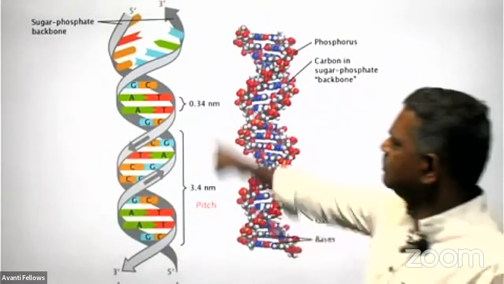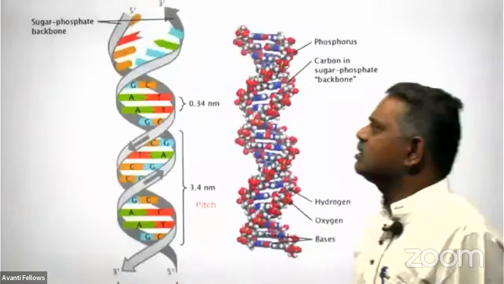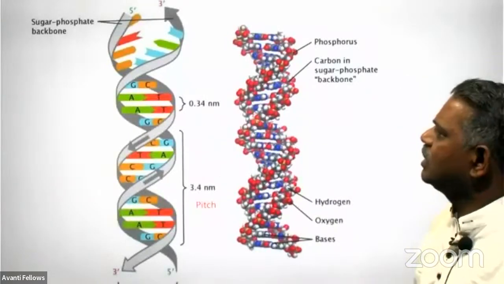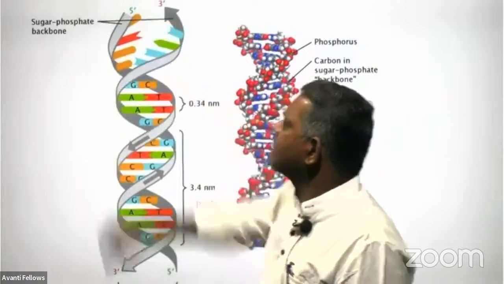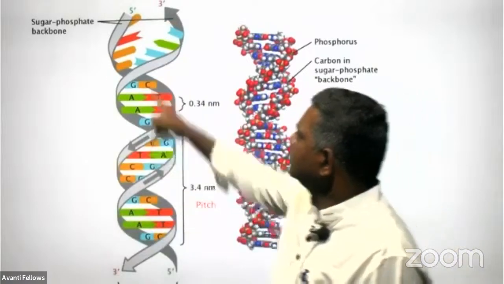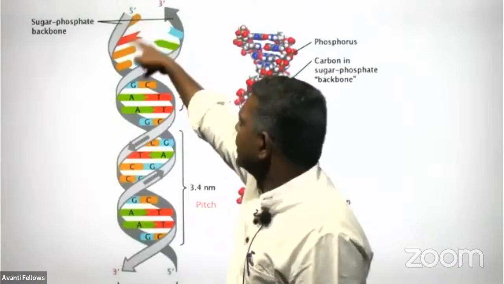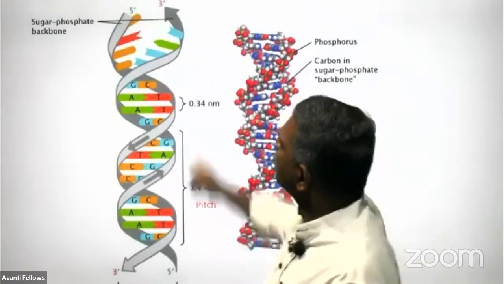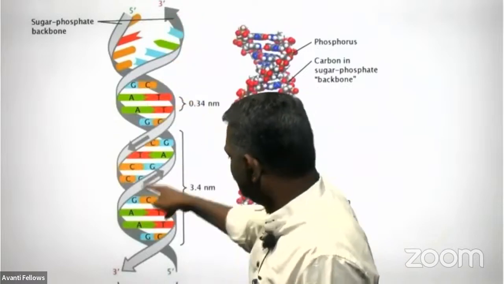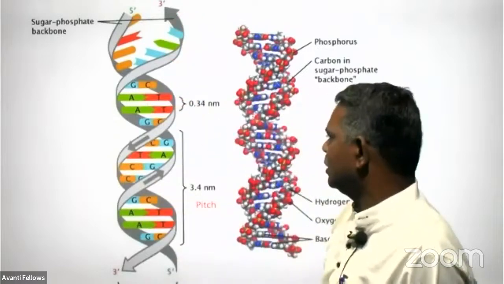See the double-stranded structure of DNA after coiling. It is the sugar phosphate backbone only. And this is one strand running from the 5' direction to the 3' direction here. And another strand is running from the 3' direction to the 5' direction here.